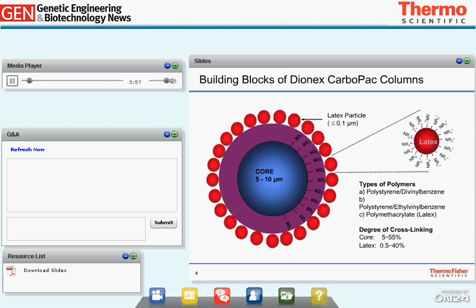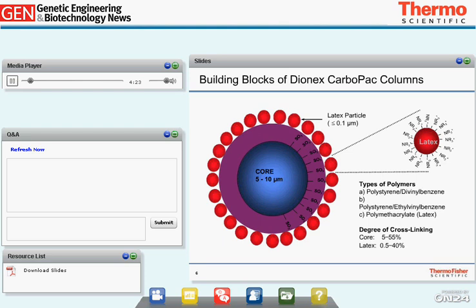Region 2, a thin 100 angstrom sulfonated layer on the surface of the ethyl vinyl benzene divinyl benzene core. The purpose of this layer is to provide a means of electrostatic attachment of the latex outer layer. Region 3, a latex anion exchange coating is attached to the sulfonated surface of the substrate bead.